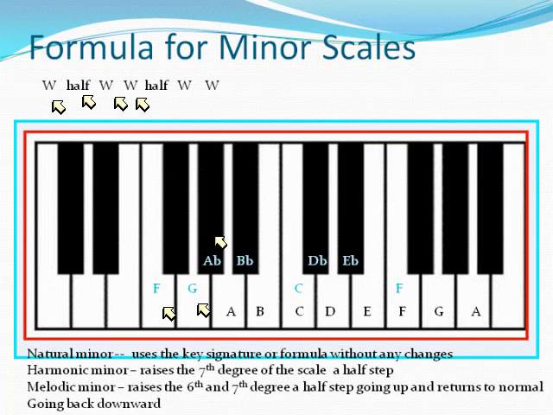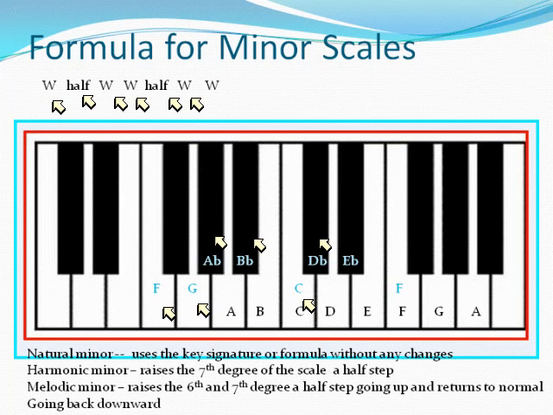So from A flat to B flat is the whole step. I need another whole step after that. And from B flat to C is the whole step. Then I need a half step to D flat. Can I name it C sharp? No, it must go from C to D flat.